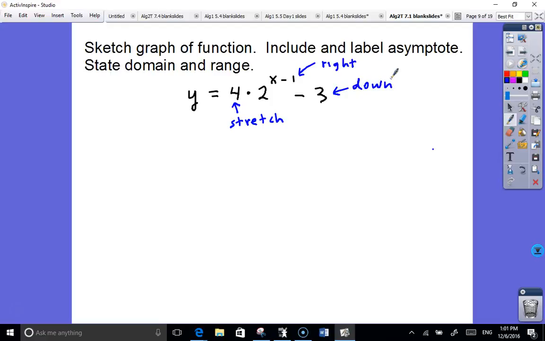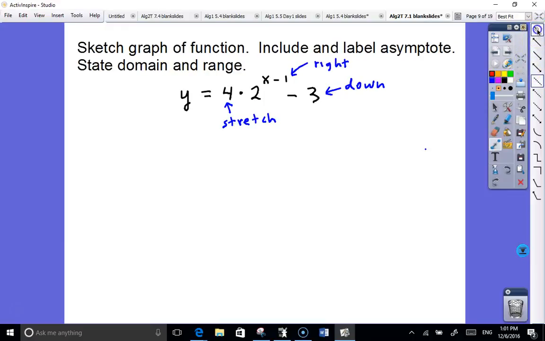The down 3, right? If you take a horizontal line and move it left and right, it's still in the same place. But if you move it down, then the whole graph has to go down. So let me sketch that. What are we doing? We're going to go 1 to the right, 3 down. So I need to draw my graph about like this.